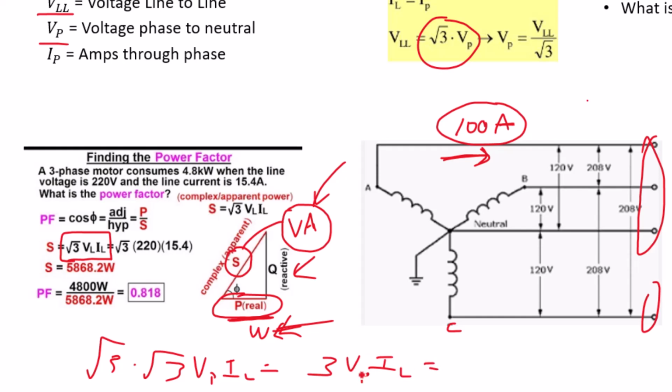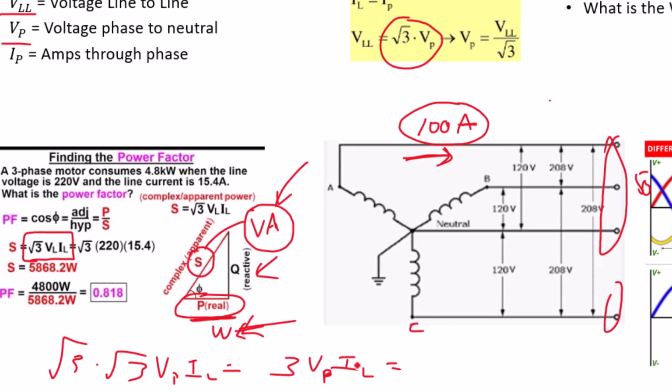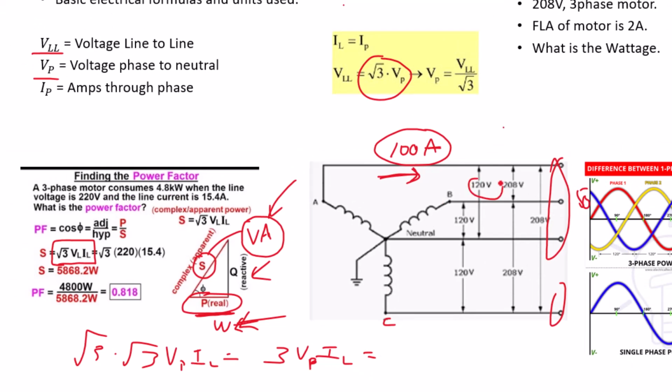And VP is the voltage of the phase. In this case, it's 120. So it's 3 times 120 IL, or 360 IL. So a quick way to get the power of a three-phase circuit is to just multiply the current times 360 to get the apparent power, or the VA.